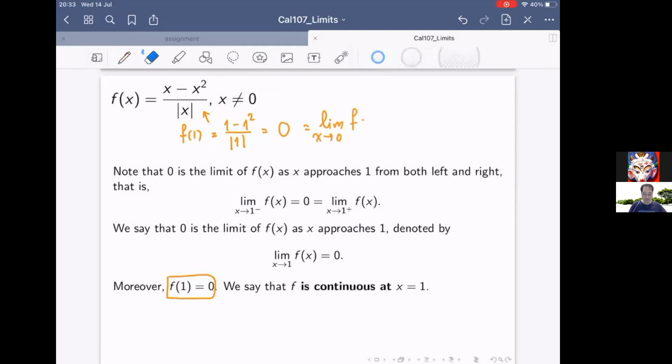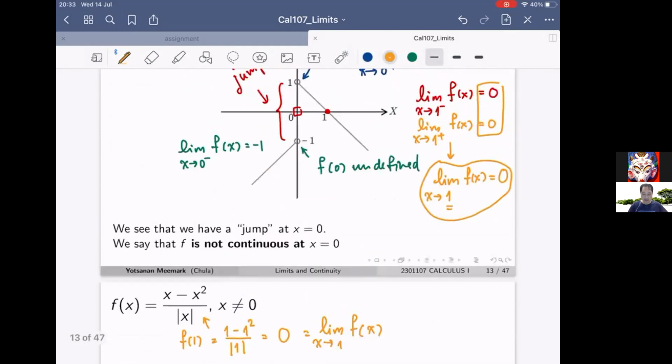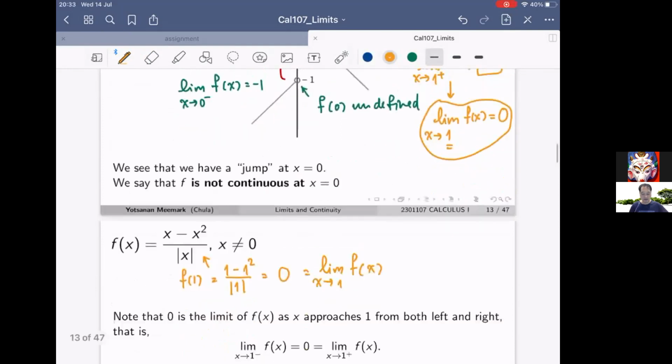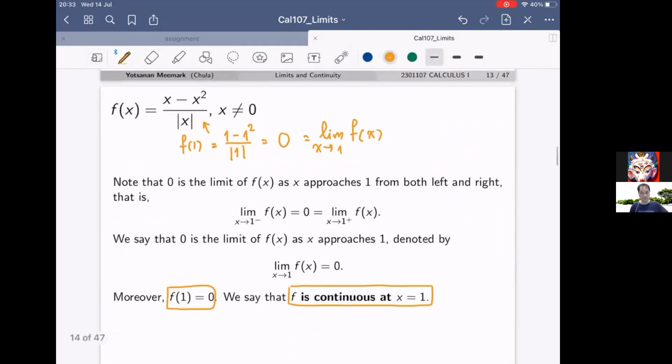We can see from the graph again that at this point there is no jump, the graph is not tearing apart at this point. So we say that at this point your function f is continuous. So your f is continuous at x equals 1.